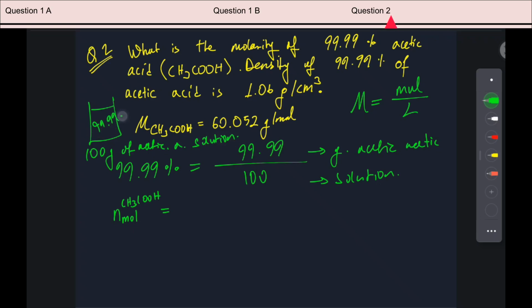This is 99.99%, and acetic acid has 99.99 gram, and the molar mass of acetic acid is 60.052.